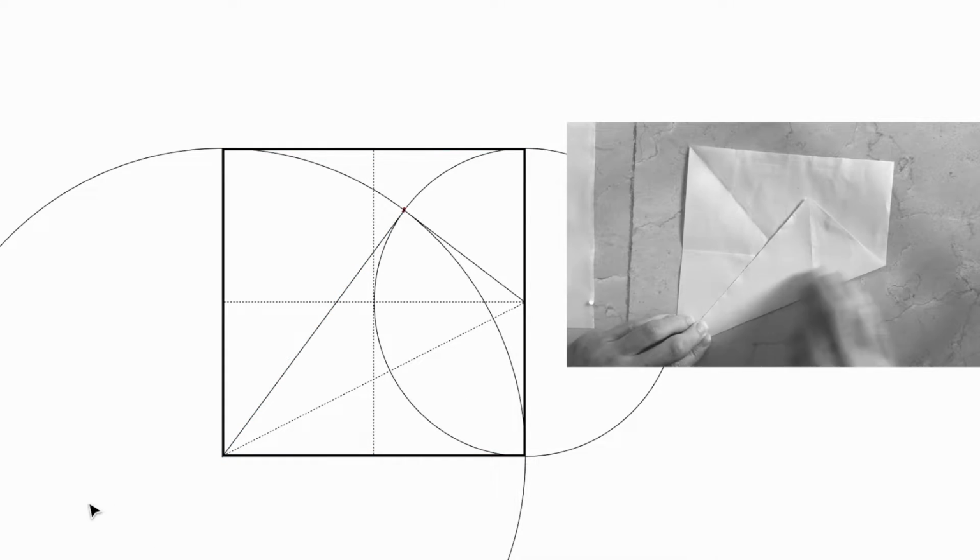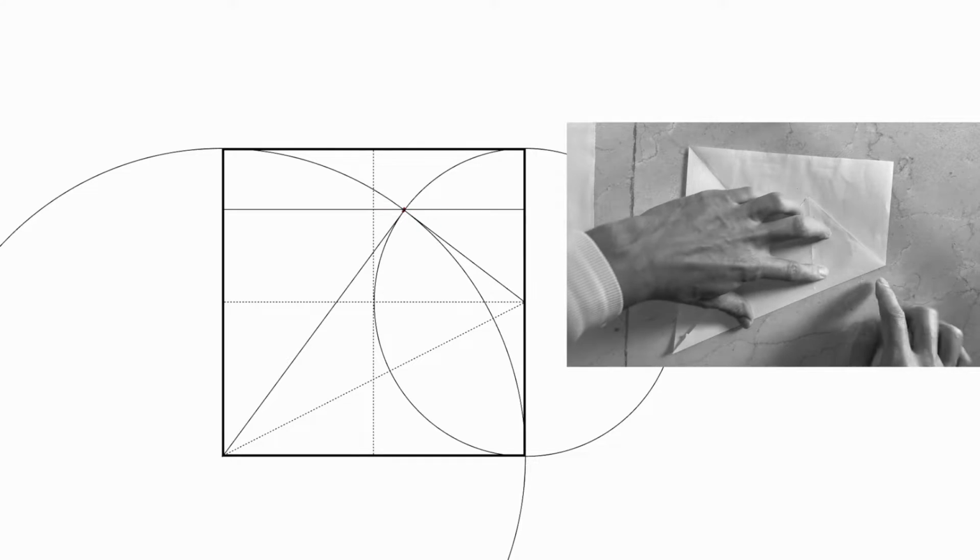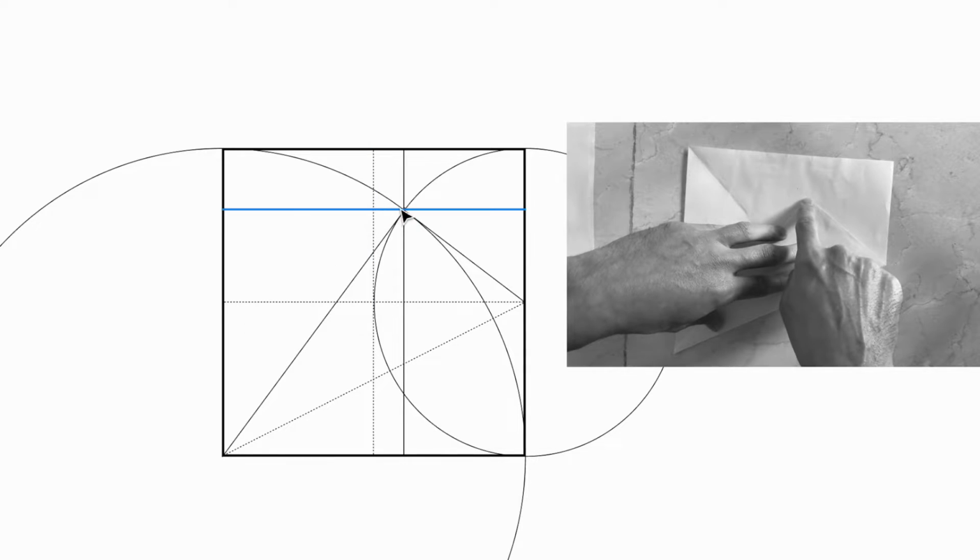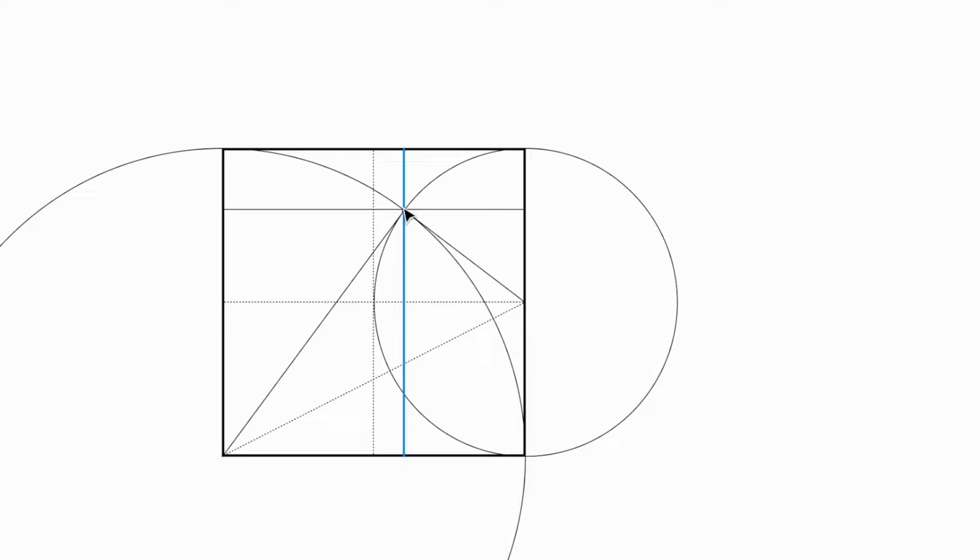Actually, the solution to this problem is this point that divides the side of the square in a ratio of 1 to 4. Horizontally, it divides the side in a ratio of 2 to 3.